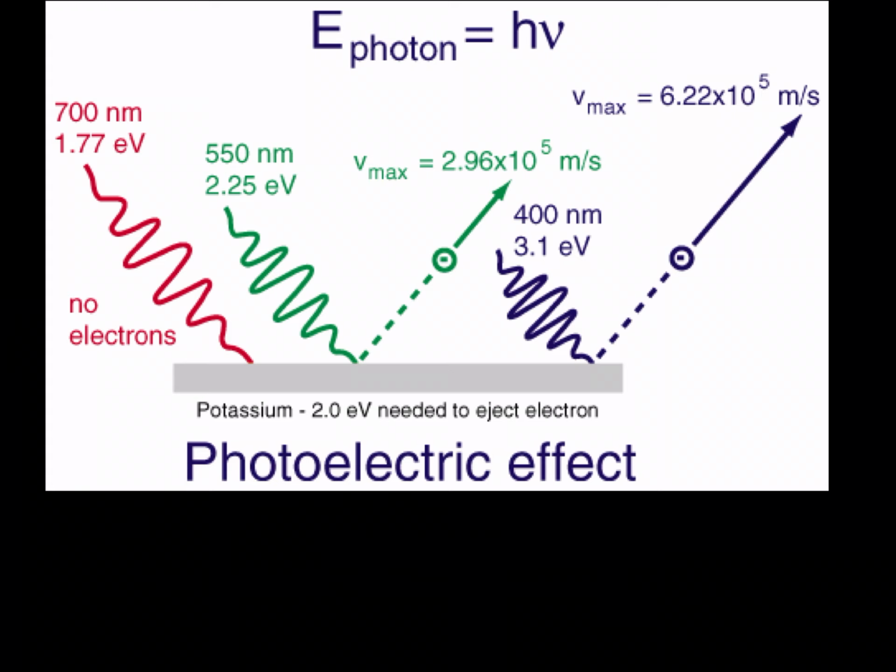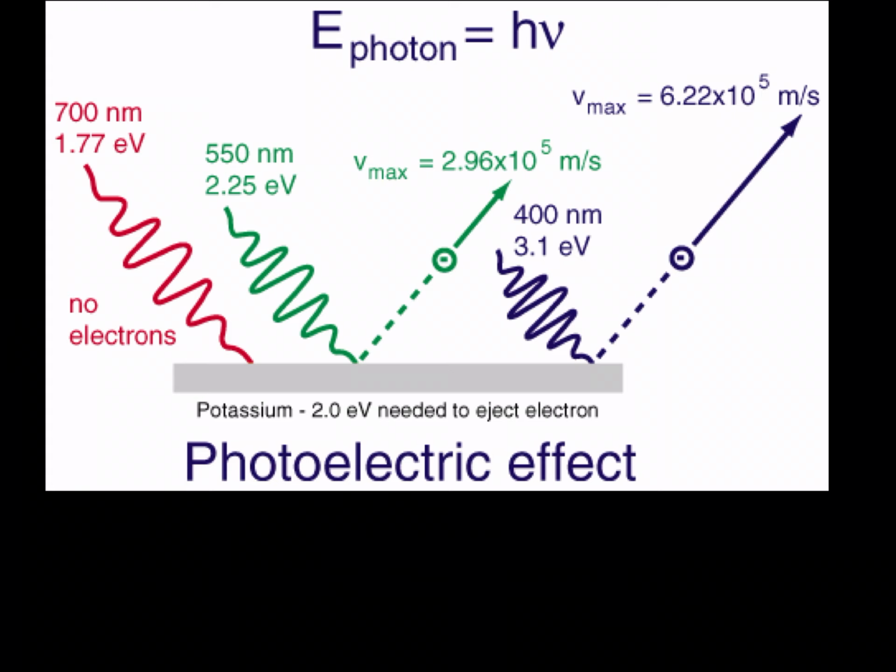Now, potassium has a work function, meaning the minimum energy to release an electron, of 2 electron volts. So no matter how much red light you shine on potassium, no matter how bright it is, it will not release any electrons.